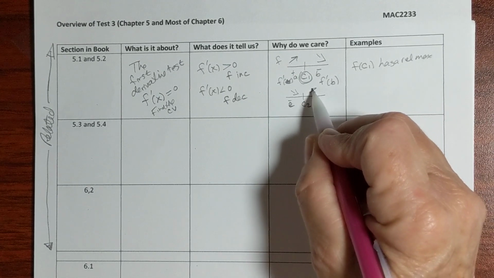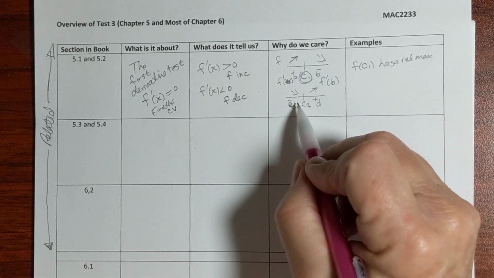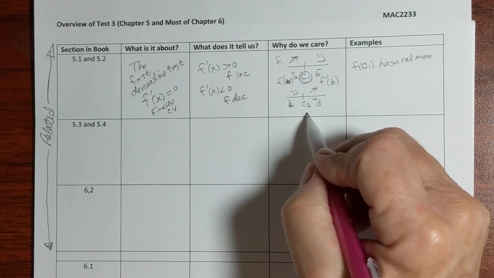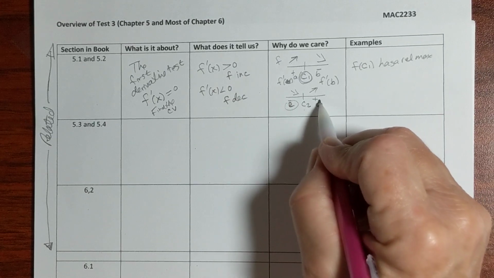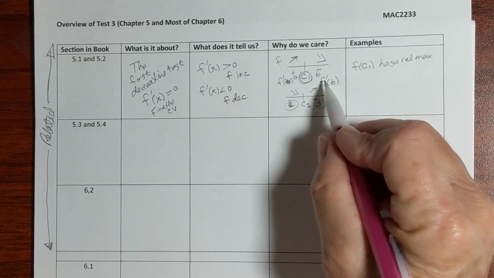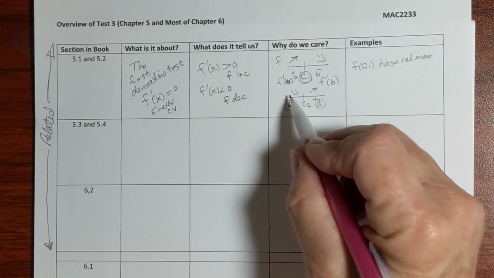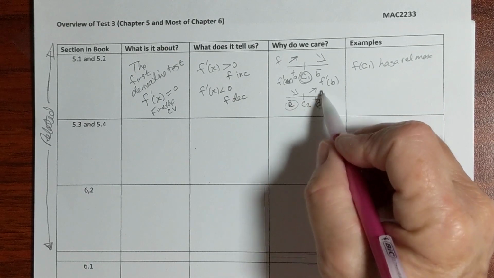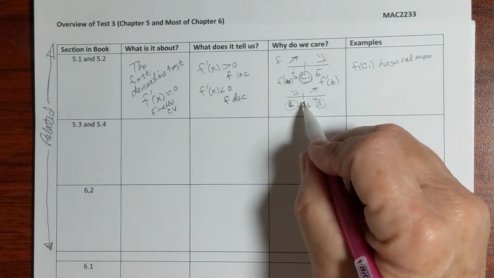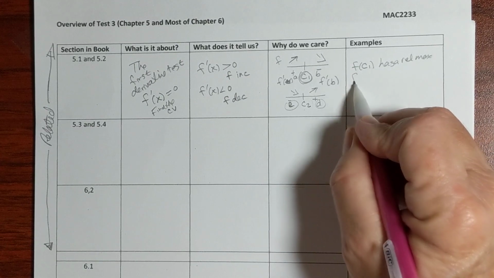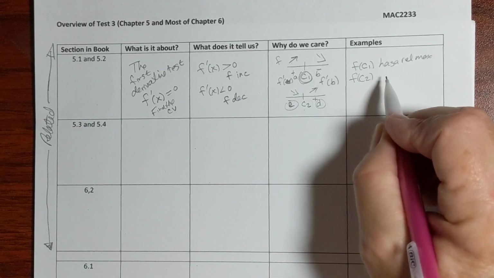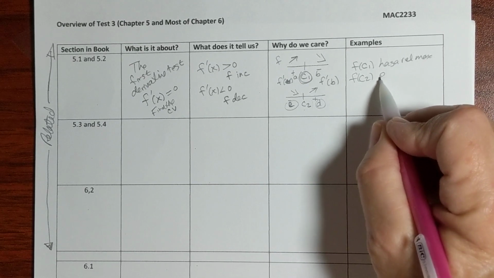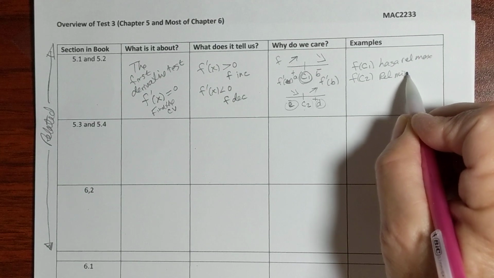Then we would say the function is decreasing before we get to C2 and increasing after we get to C2. We would plug E and D into the derivative. Those are just test values. If we found that there's a relative min at that point, then we would plug C2 into the function itself, and f of C2 is the value of a relative min, and it occurs at C2.